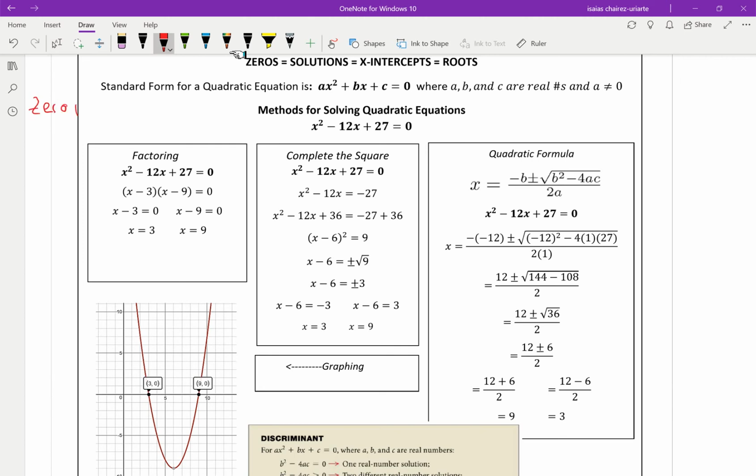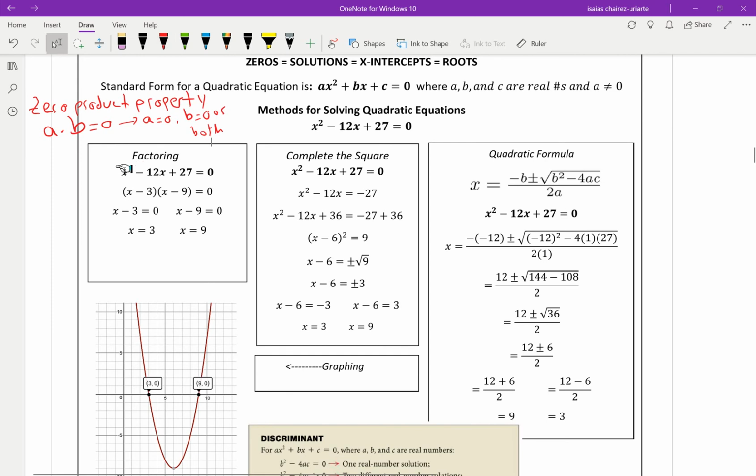The zero product property says that if A times B equals 0, then A is equal to 0, B is equal to 0, or both. So that's what helps us. That's why it's good to factor.